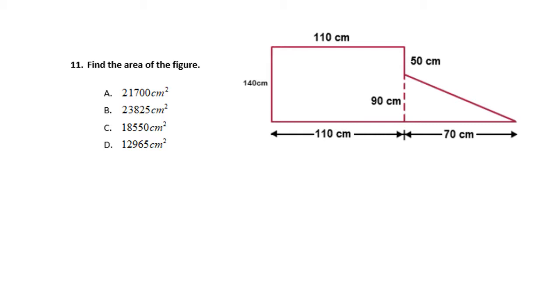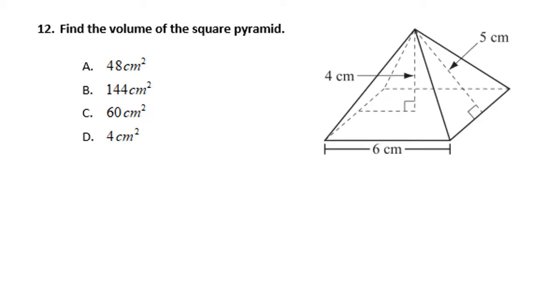D, 12,965 centimeters squared. Find the volume of the square pyramid. A, 48 centimeters squared. B, 144 centimeters squared. C, 60 centimeters squared. D, 4 centimeters squared.